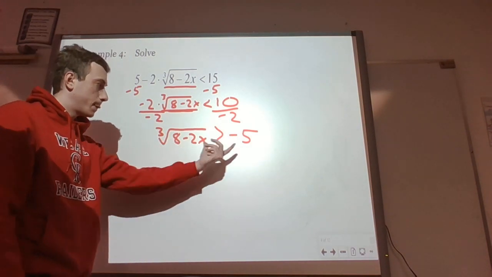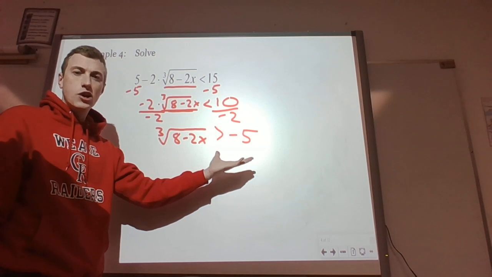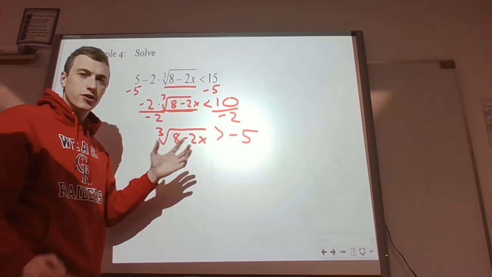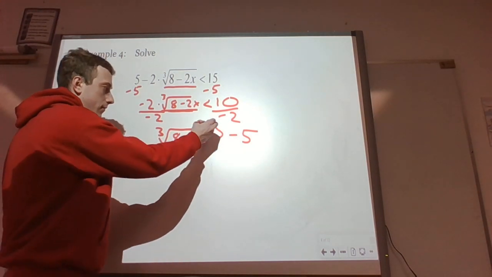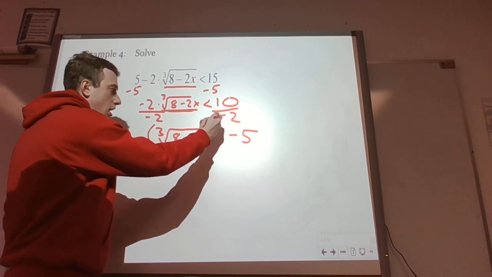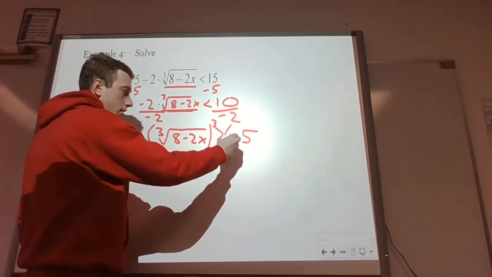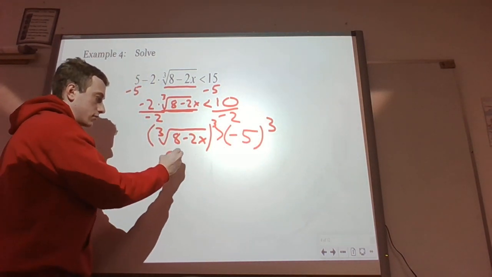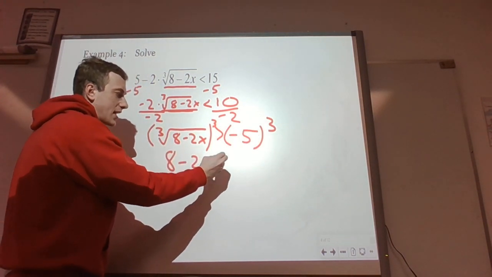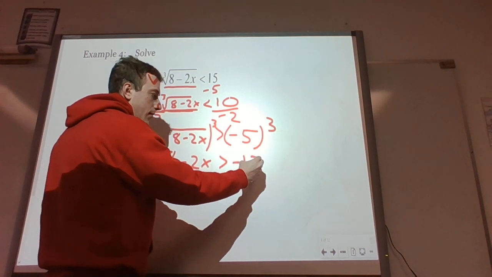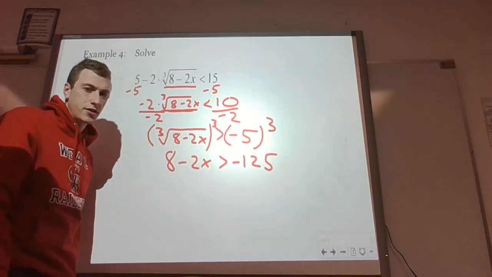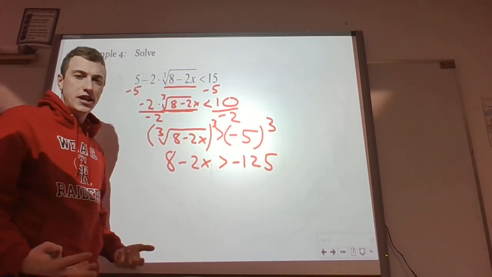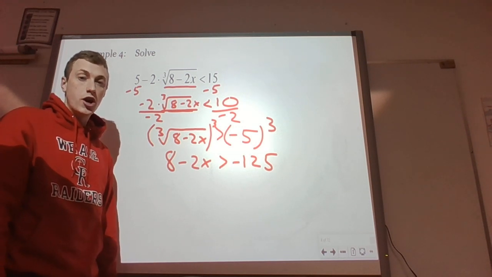Okay, so this is what we want. We want an equation, or in this case an inequality, which has the radical portion completely isolated. Because then we can take all of this to the third power and do the same on the other side. So that eliminates the problem of the radical. We can transform it into a form which we know how to solve.